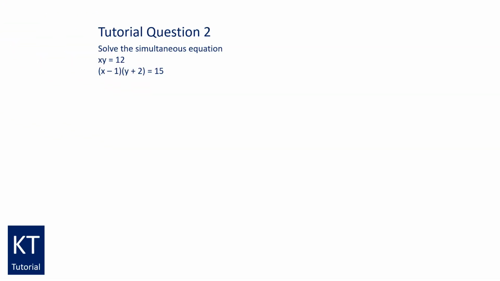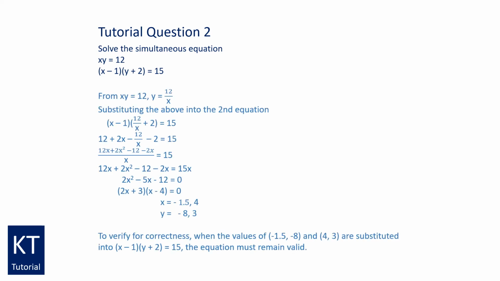Let's get on to tutorial question 2, which is to solve the simultaneous equations xy equals 12 and the product of x plus 1 and y plus 2 being equal to 15. Given that xy is equal to 12, it means y is equal to 12 over x.